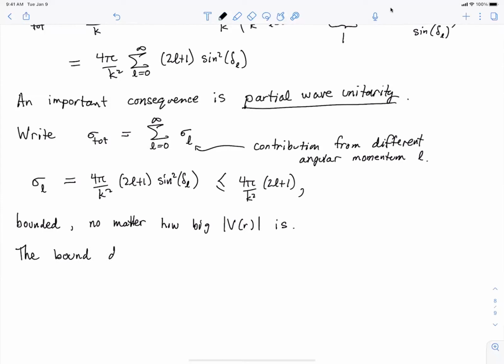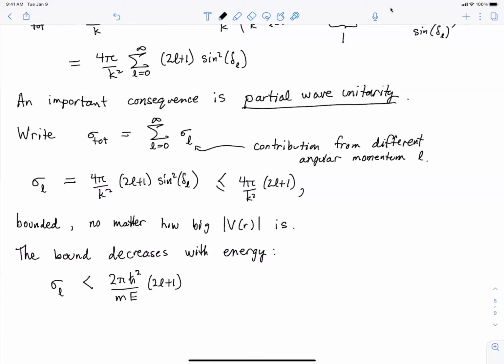So the bound decreases, meaning getting stronger, with energy because we can just rewrite our k squared factor in terms of the energy. And so the L-th partial wave contribution to the cross-section has to be less than 2 pi h bar squared over the mass times the energy times our factor of 2L plus 1.